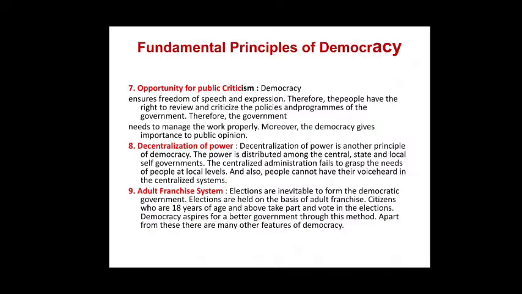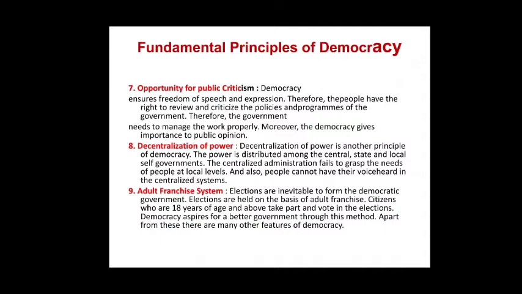Next, decentralization of power. The decentralization of power is another principle of democracy. The power is distributed among the central, state and local self-government.